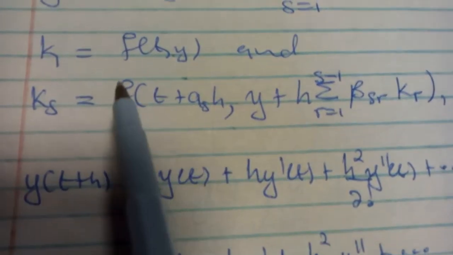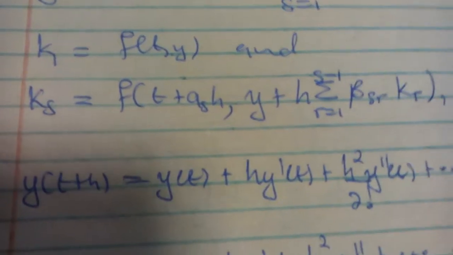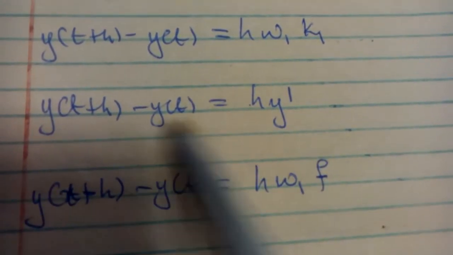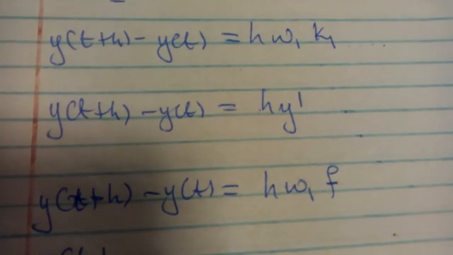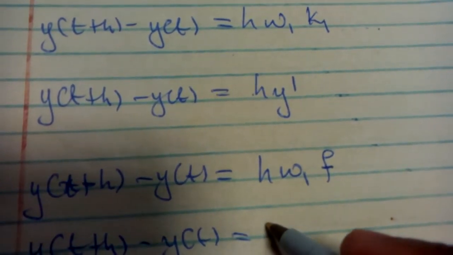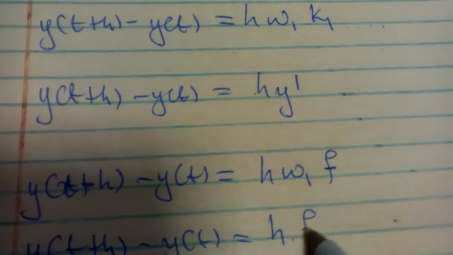Defined k1 here. k1 is equal to f. And then from this equation here, we have y(t+h) - y(t) equal to h times y prime. y prime is f.